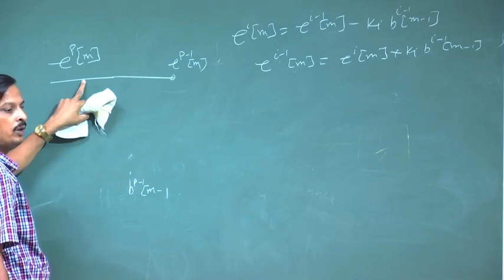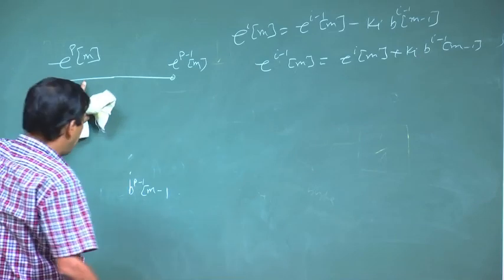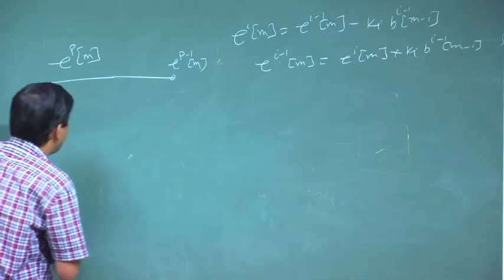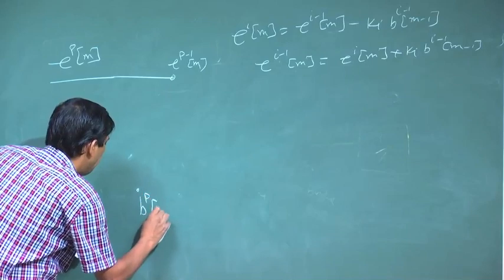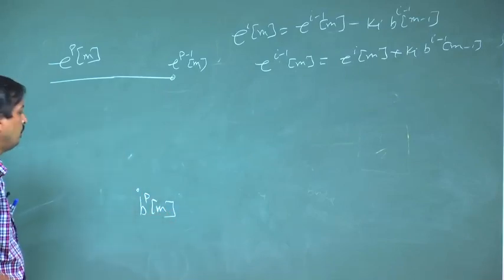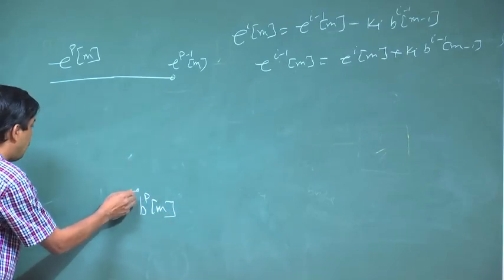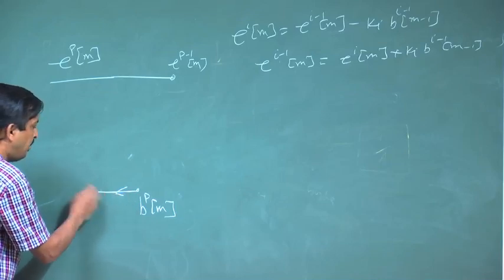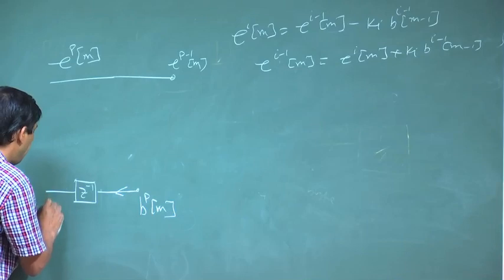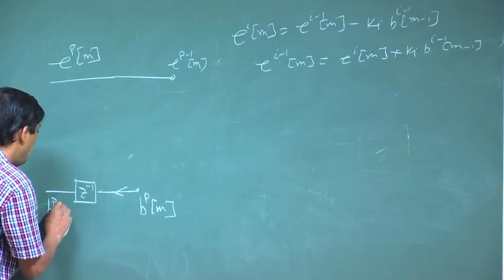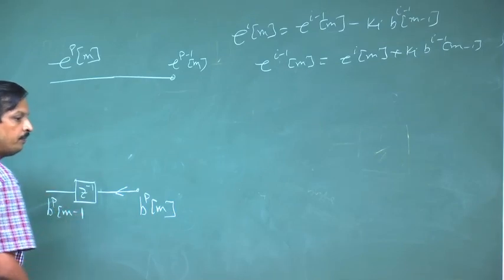Okay or not? So if this point is my BPM, I can apply z to the power minus 1 to get P m minus 1.